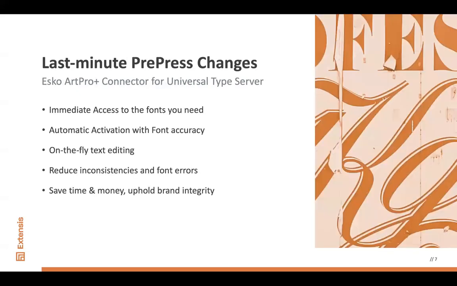If, though, a job does go through, but there's still design changes that need making to it at the last minute, as you saw, there are tools like ESKO ArtPro+ that can facilitate that. But where historically it would have a problem if the machine that you're doing that last minute prepress change on does not have the fonts. Because of course, to be able to make those edits, you need access to the font. Now, of course, one way around that would be to embed the fonts into the PDF that you're sending to prepress.